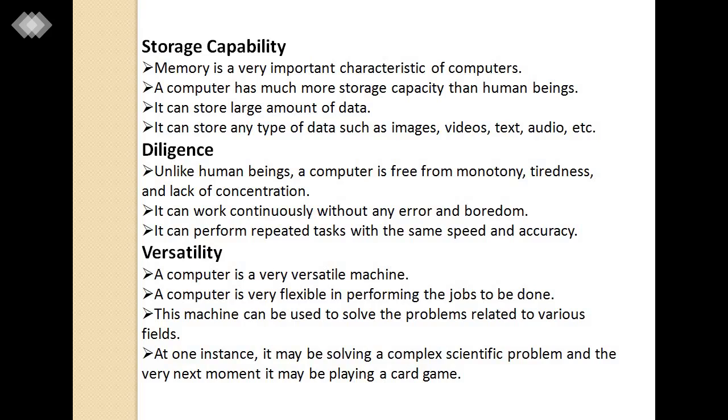Storage capability, that is memory, is a very important characteristic of computers. A computer has much more storage capacity than human beings. It can store large amounts of data, or we can say it can store any type of data such as image, video, text, audio.